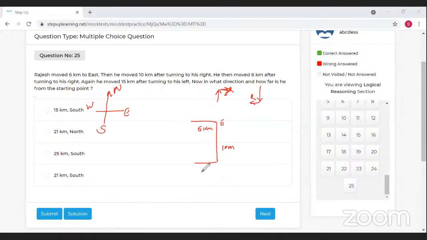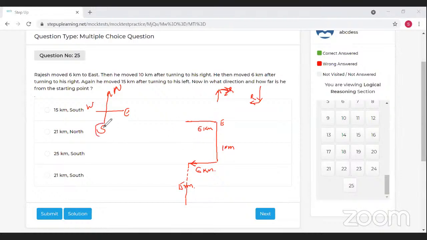So again, he moved 6 kilometers to his right. Again, he moves 15 kilometers after turning to his left. Now the left will be up or down? He's moving in this direction, so down again. So now, in what direction and how far is he from the starting point?